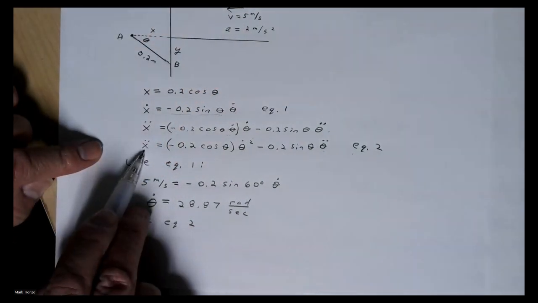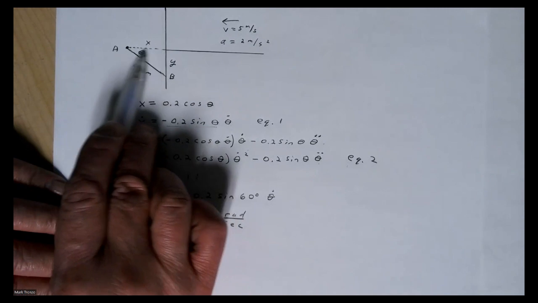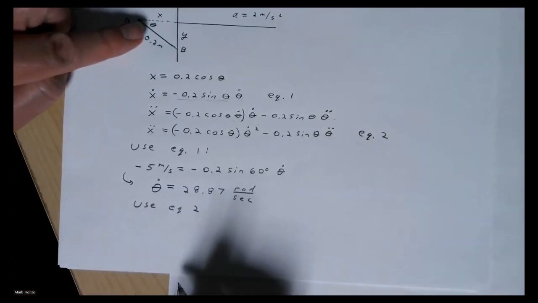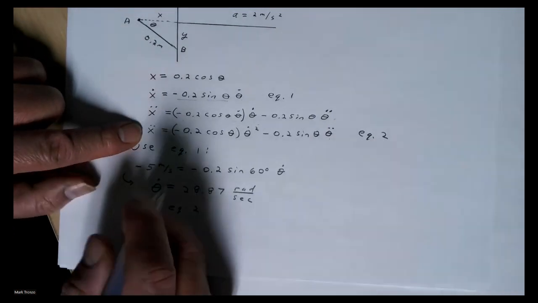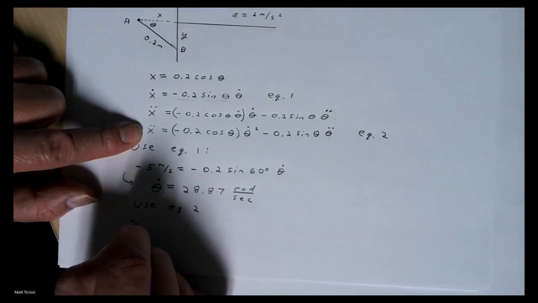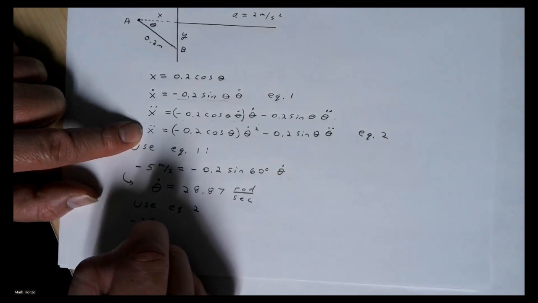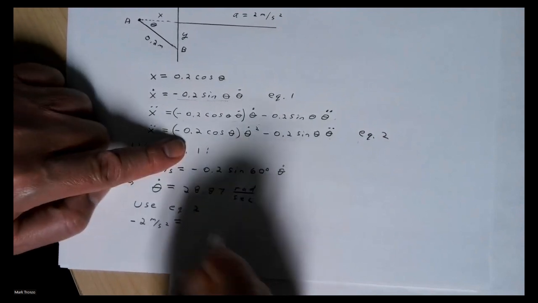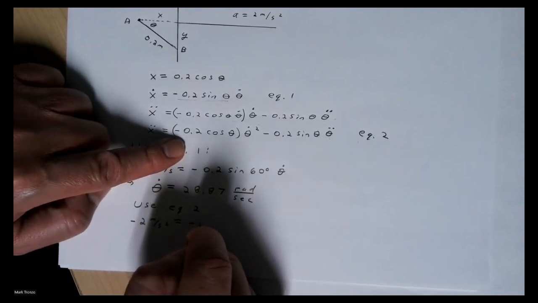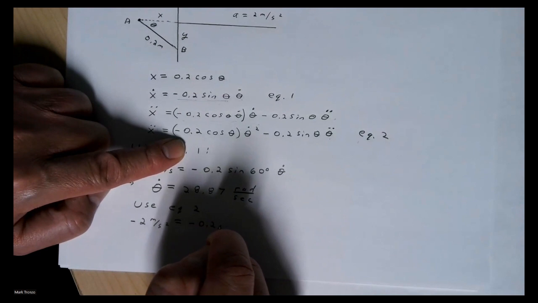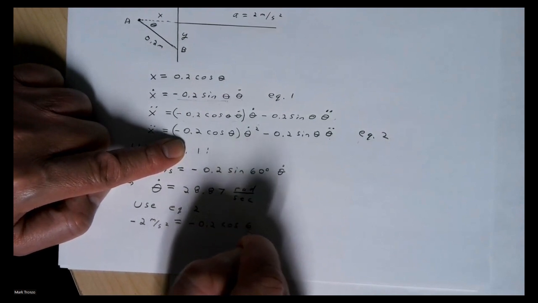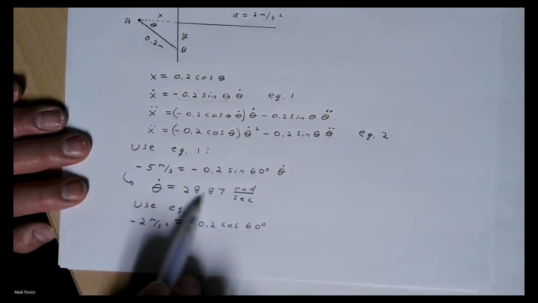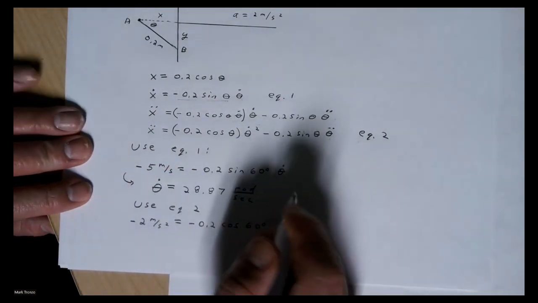So we can put that over here, except that this is shortening at the same rate at which this is increasing. So over here, we'll put negative 2 meters per second squared. And then over here, we'll have negative 0.2 cos 60 degrees. And theta dot here, we just found theta dot, so we can plug that in.